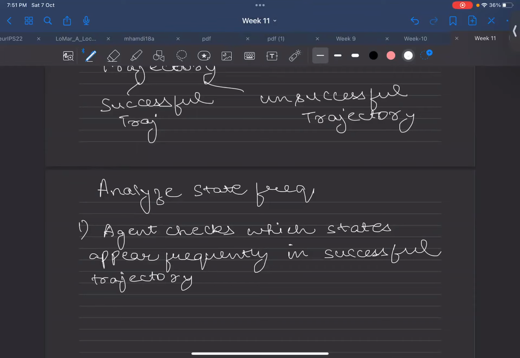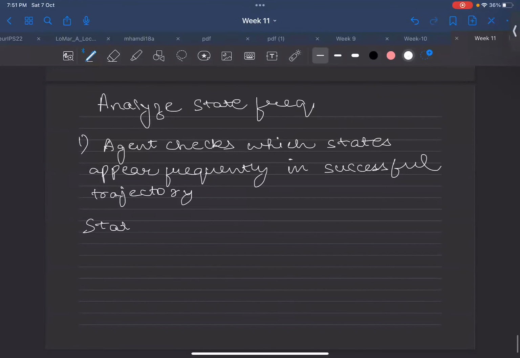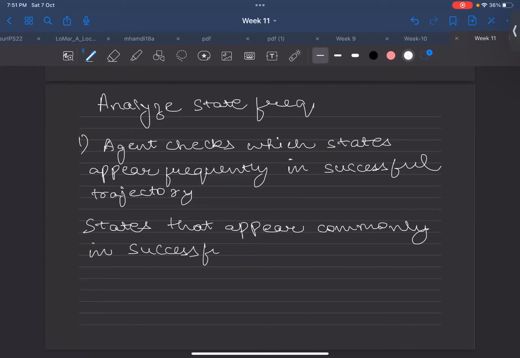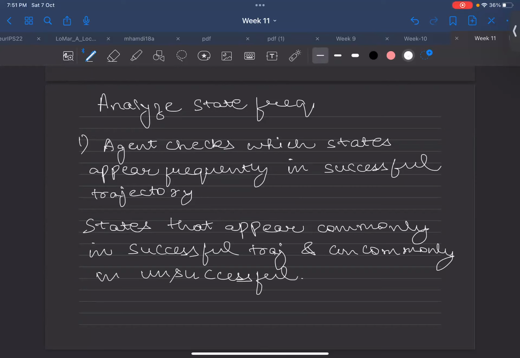The states that appear more commonly in successful and rarely in unsuccessful trajectories, can I say these states are bottlenecks?